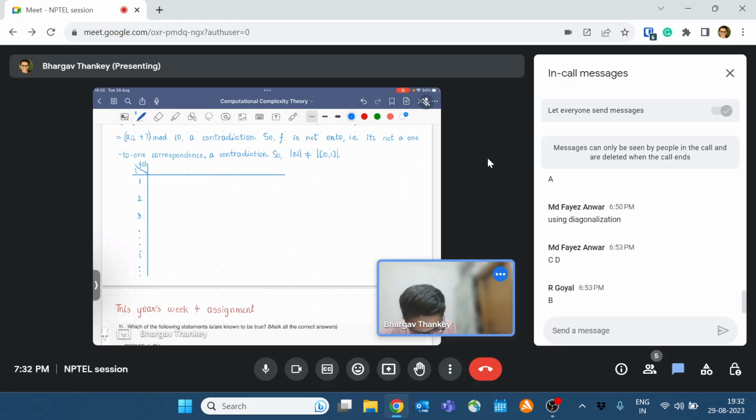Let me just write some expansion. Over here it's a_11, a_12, a_13, and so on.